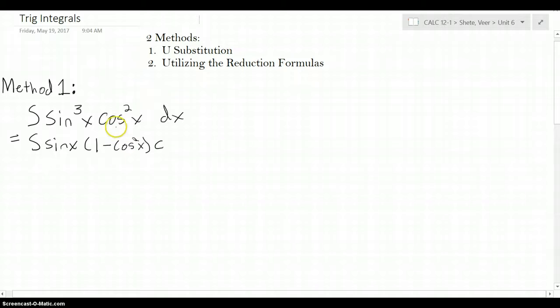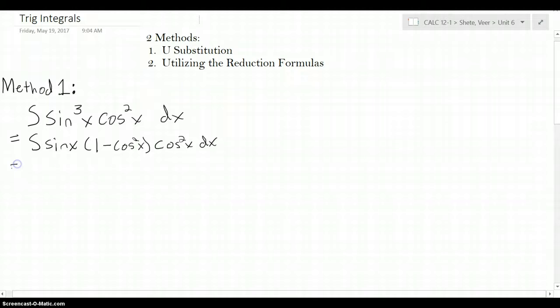Once again, we have to multiply it by this cosine squared x here times cosine squared x dx. So now essentially all I did was I split out my sine cubed x into sine x and sine squared x, and as we learned last year in pre-calculus 12, an equivalent to sine squared x, due to the fact it's a trigonometric identity, is 1 minus cosine squared x.